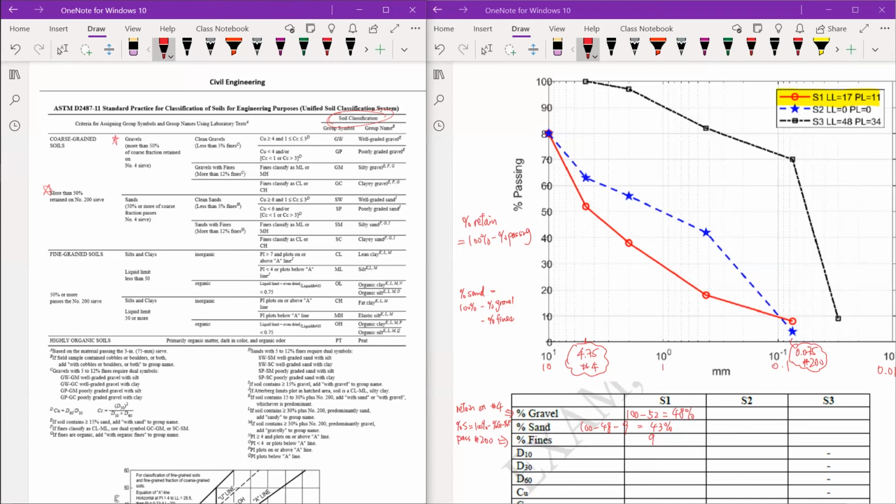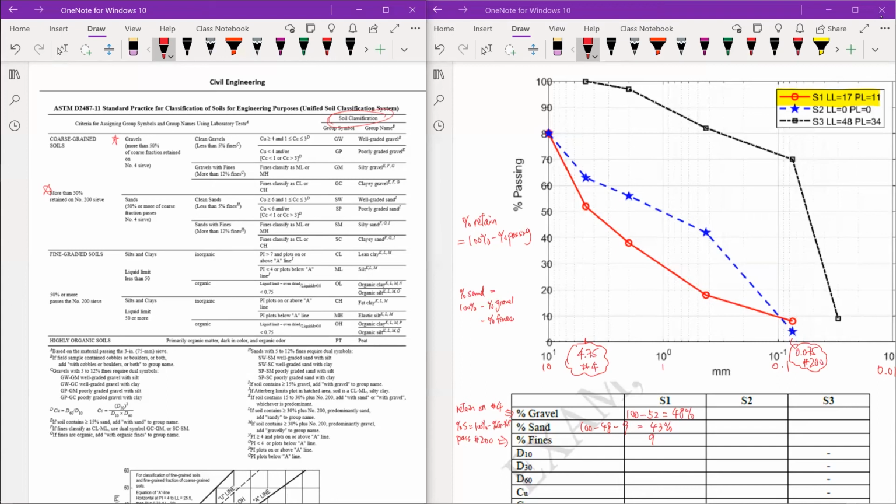Next, we need to determine whether it's clean gravel or gravel with fines, with some sub notes right here. It highly depends on how much percent fines we have. We are at 9% fines, so we are neither less than 5 nor more than 12%, but in between 5 and 12%.